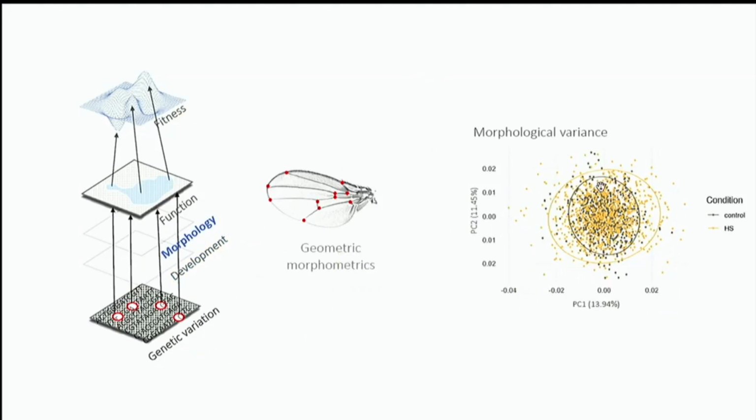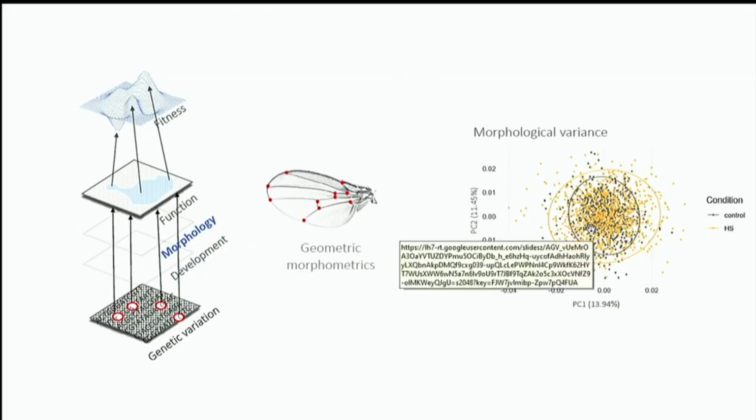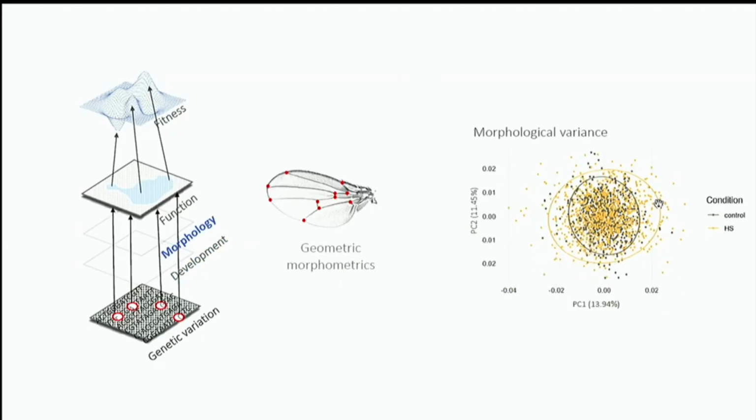You can see in gray is the 95% confidence of the distribution of your control shape, and in orange is the distribution of your high sugar flies. So I hope you can see that the variance, or the phenotypic space, that these wings can achieve in high sugar is wider than the phenotypic space that you can explore in control conditions.